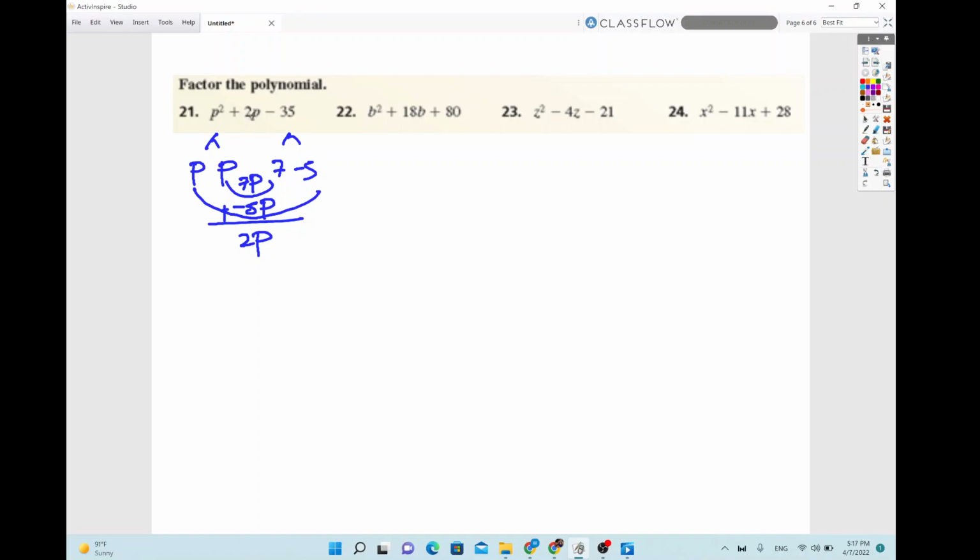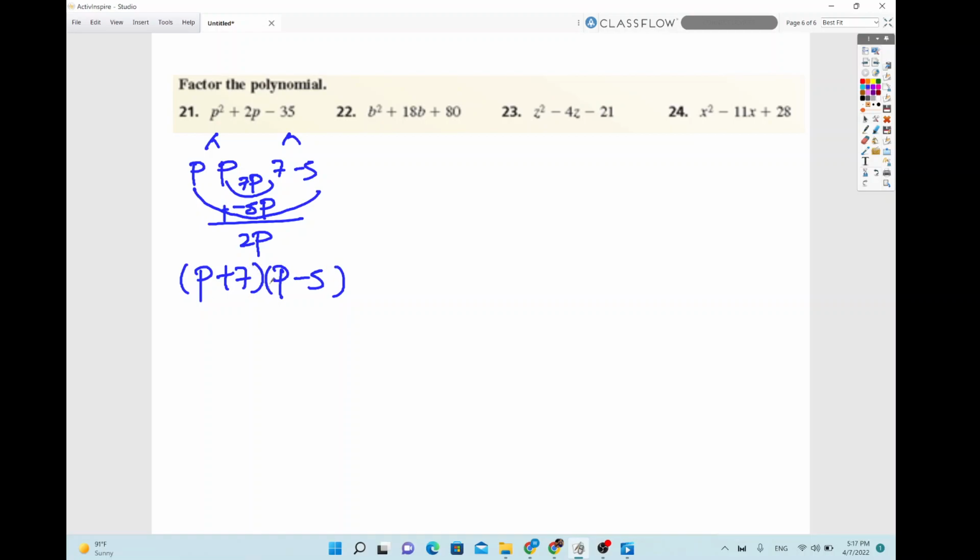If the number here doesn't match what we have in the second term, that means you have to guess and check and come up with another combination. So for the left-hand side of the factor tree, the eyes, we group those elements together: p plus 7. And on the right-hand side of the factor tree, we group those elements together: p minus 5. Okay, so that's what we got.